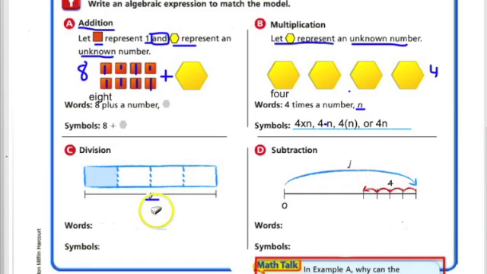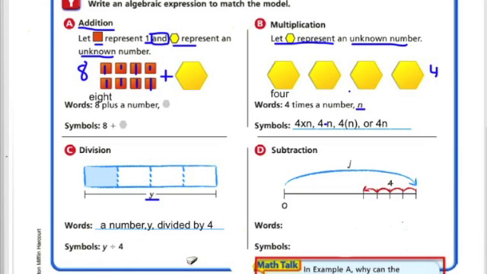Y would be a number divided by 4, because I don't know what that number is. And I need to put y in my words so that my reader knows that I'm clearly identifying what the y is. A number y divided by 4. So the y represents just a number. We don't know what that is. And when I write my division, I would simply write y divided by 4, which says a number divided by 4.